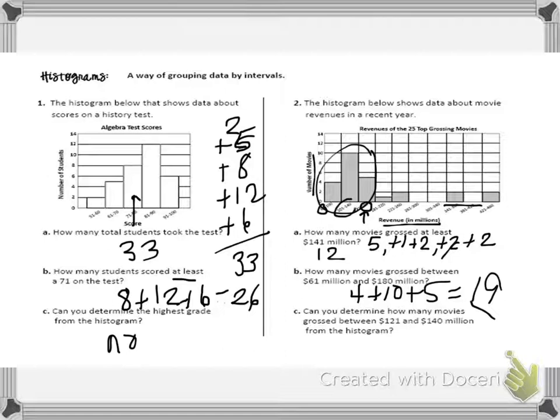Our range is from 101 to 140, so the answer is no. It can't determine 121 to 140 because of the way the range is set up. All right, so that is the end of box and whisker plots and histograms.